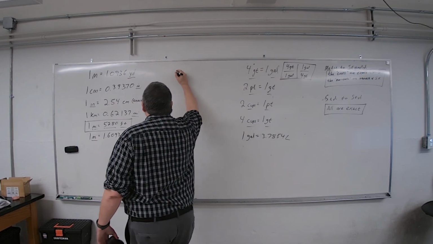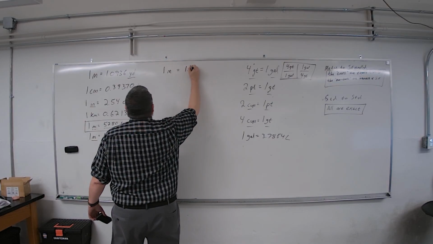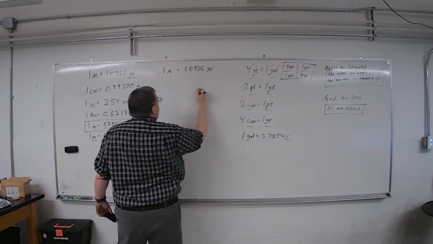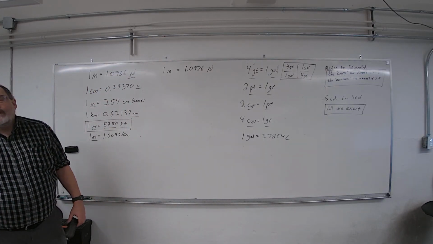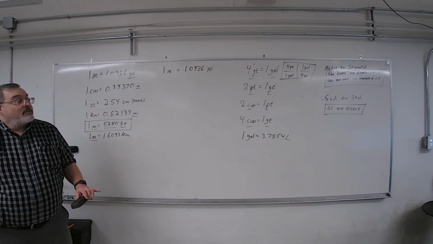But I could go in the same way that you can do in an algebra class, as long as you do the same thing to both sides, the equal sign is still fine. So let me do this.